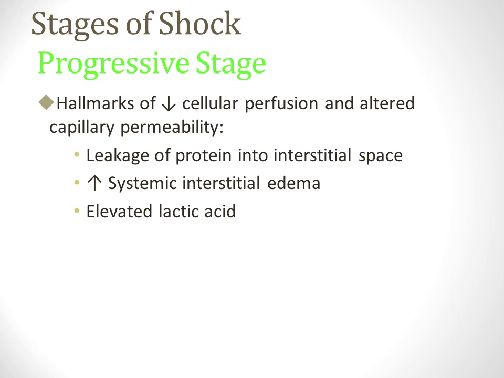But when I am in the progressive stage, compensation is failing, you're seeing signs and symptoms of altered tissue perfusion. The heart is working really hard and it becomes overworked and it starts to become dysfunctional. The pump starts to fail. The inflammatory process is in full gear, so histamine is leaking, changing the permeability.